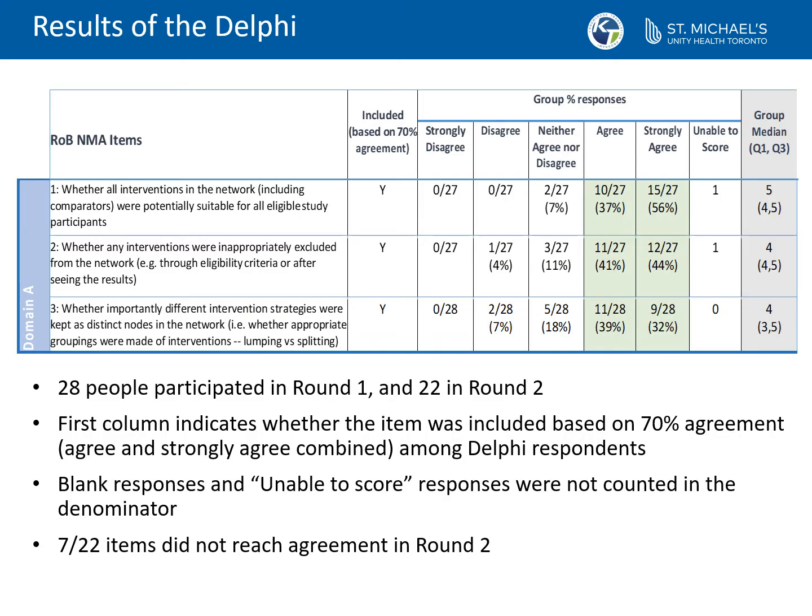Participated in round 1 and 22 in round 2. So here in the table, the first column indicates whether the item was included based on 70% agreement. Blank responses and unable-to-score responses were not counted in the denominator. And finally, 7 out of 22 concepts did not reach agreement in round 2.